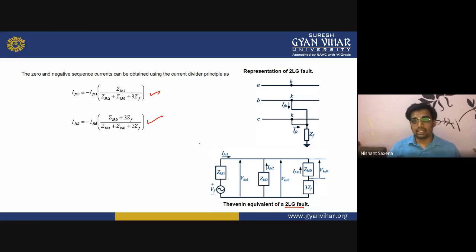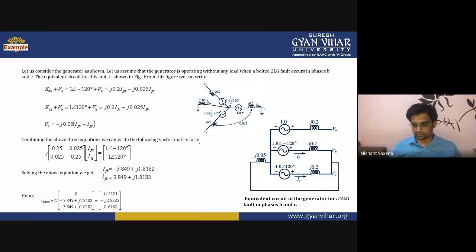Whereas in the double line to ground fault, the positive sequence component is connected in series with the parallel combination of negative and zero sequence components. I hope this is clear to you. So just remember that in the double line to ground fault, we have a combination of the line to ground fault as well as the line to line fault. Now let's move further. Let's take an example on this.